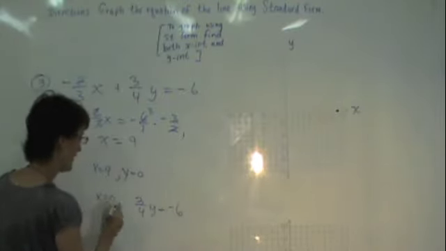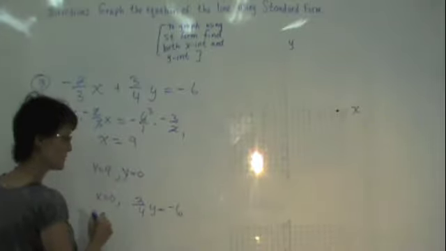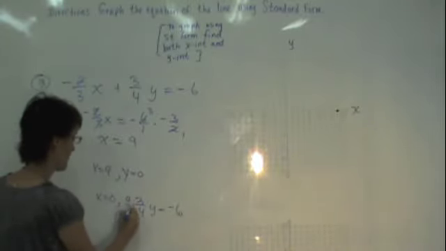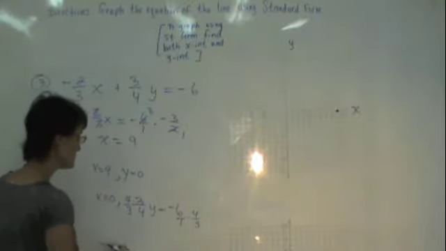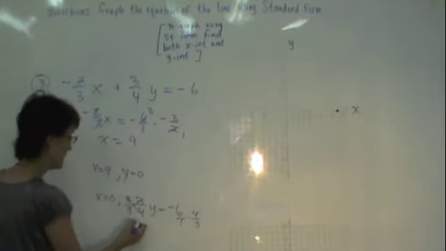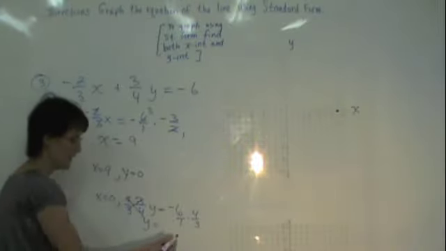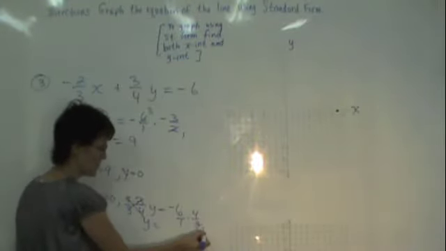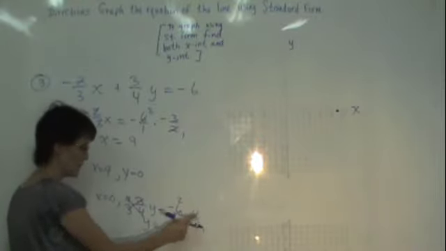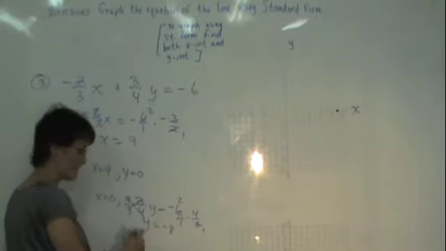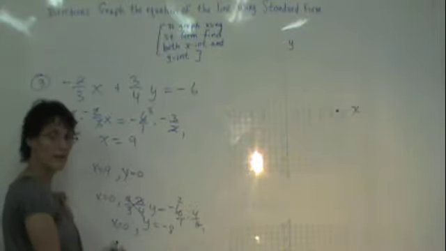Then I want to multiply by the reciprocal, making this over 1. So this is gone, y is equal to, and then I want to reduce. 3 goes into 3 once, goes into 6 twice, and I've got negative 2 times 4, which is negative 8. So I've got x equals 0 and y equals negative 8.